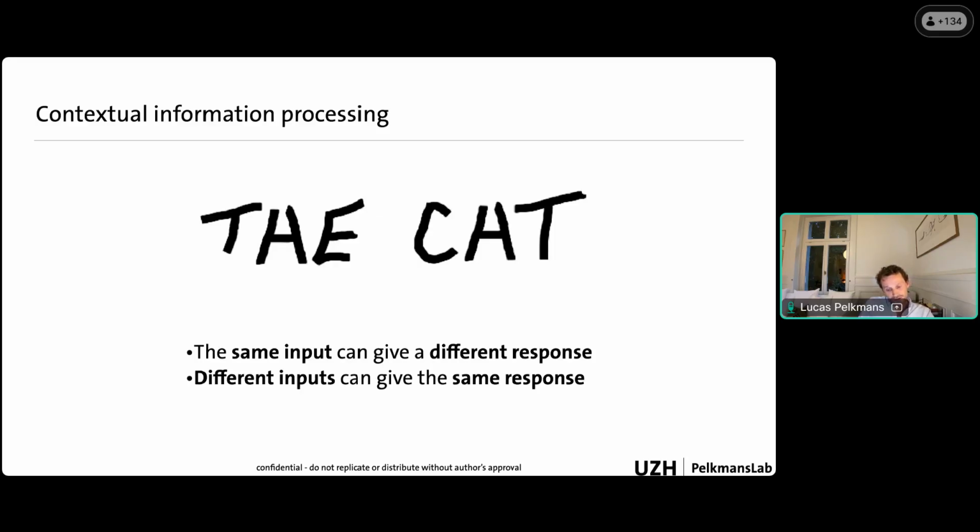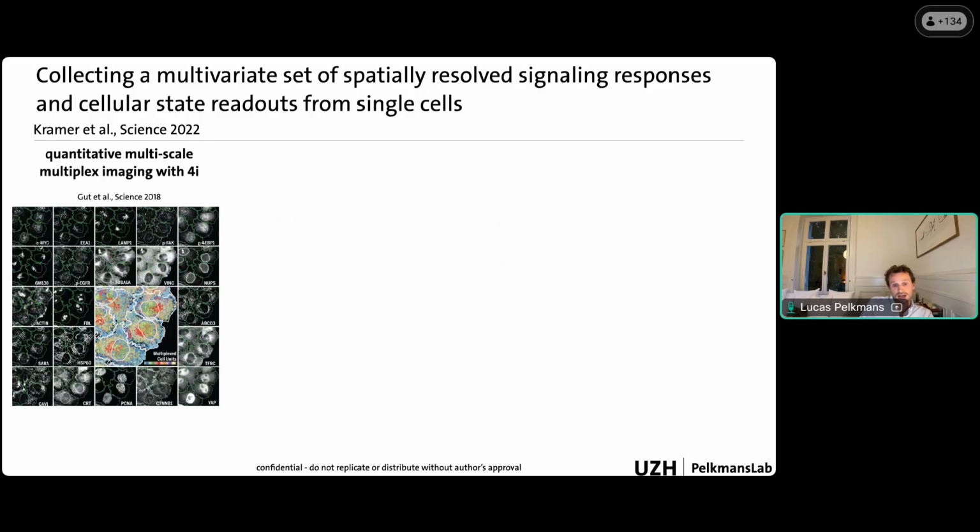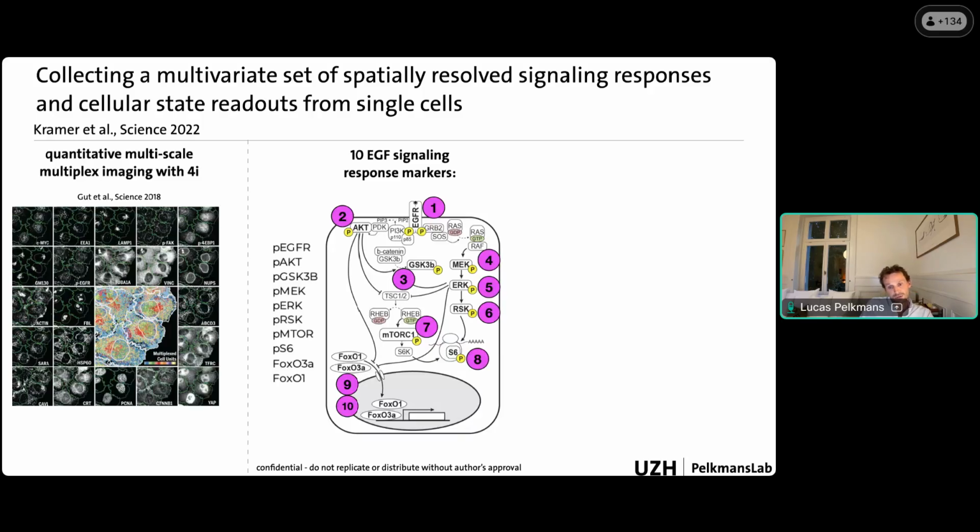One of our hypotheses has been that individual cells can very much do the same contextual information processing using molecular networks. So even though it's a very different spatial scale, molecular networks may also have the ability to do contextual information processing. To study this, we applied our 4i technology, and we used that to multiplex multiple signaling activities in single cells.